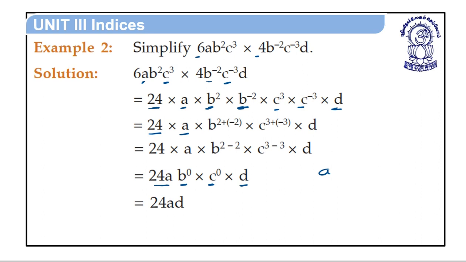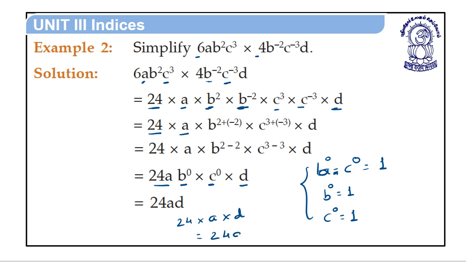Here b raised to 0 is equal to 1 and c raised to 0 is equal to 1. So 24a into d. So the answer is 24ad.